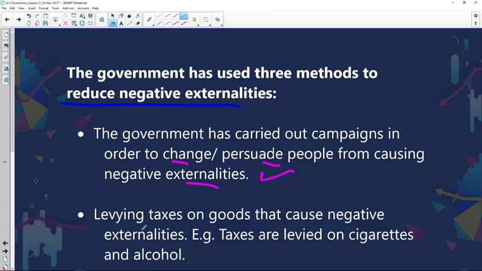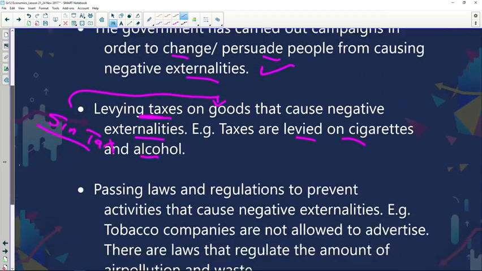Also, the government puts levies or taxes on goods that cause negative externalities. For example, taxes are levied on cigarettes and alcohol, and I did mention this when we were talking about sin tax earlier on. The government will impose taxes on these goods to discourage people from consuming them, with the hope that if they hike up the price, that will discourage consumers from continuing to use them.